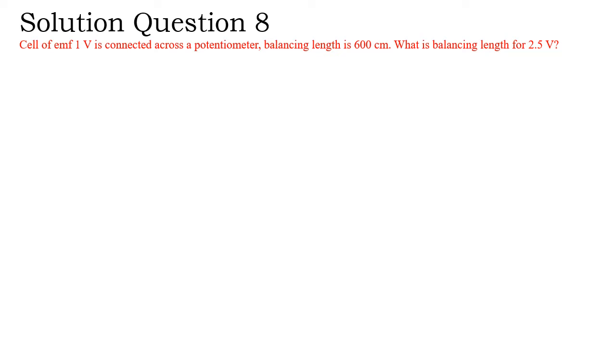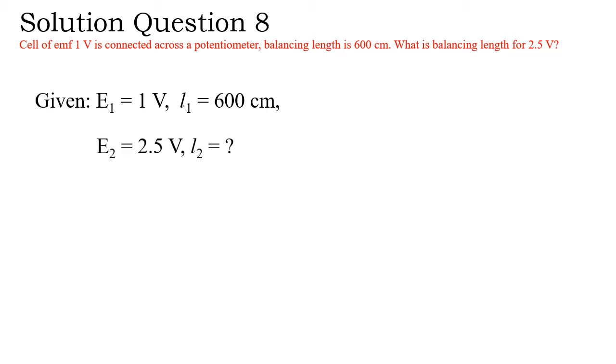Firstly, let us note the given factors. Given are E1 is given as 1 volt and balancing length L1 is given as 600 centimeter and E2 is given as 2.5 volt, and we should find balancing length for this particular EMF, that I am taking as L2.